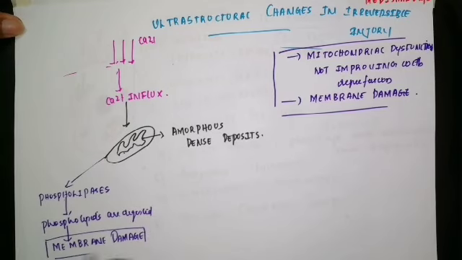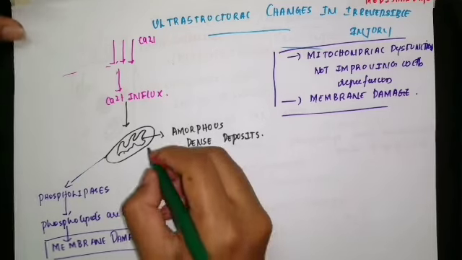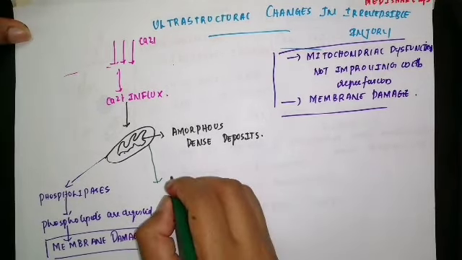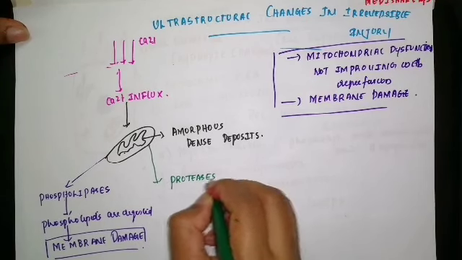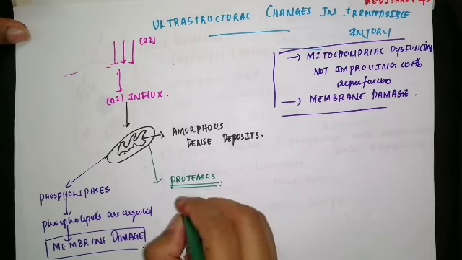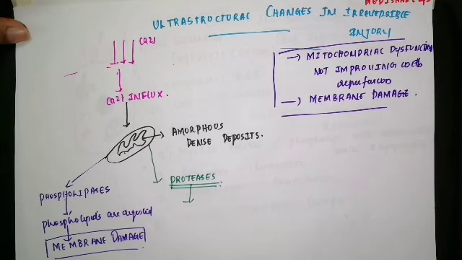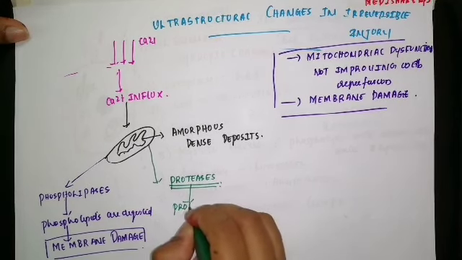So, cell membrane damage. Next, which other enzymes are activated by calcium? It activates proteases. Proteases are activated, and these proteases lead to protein digestion.